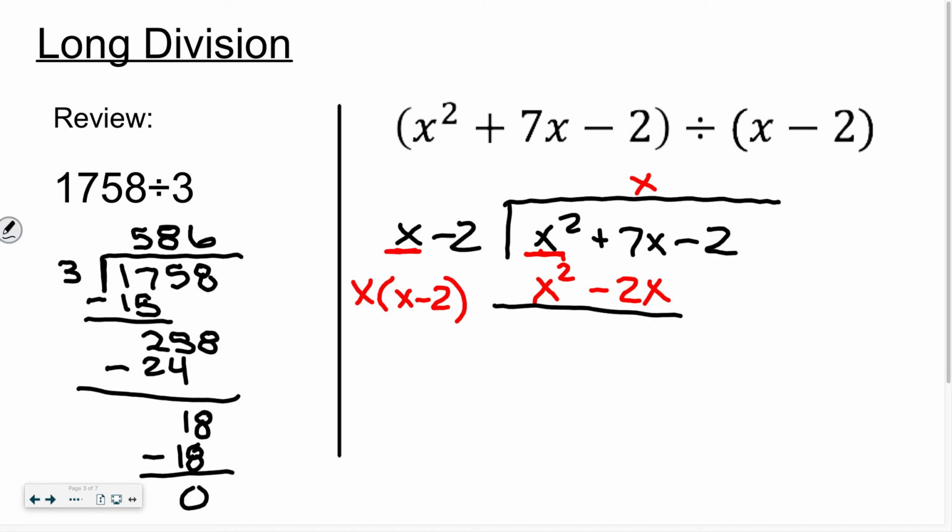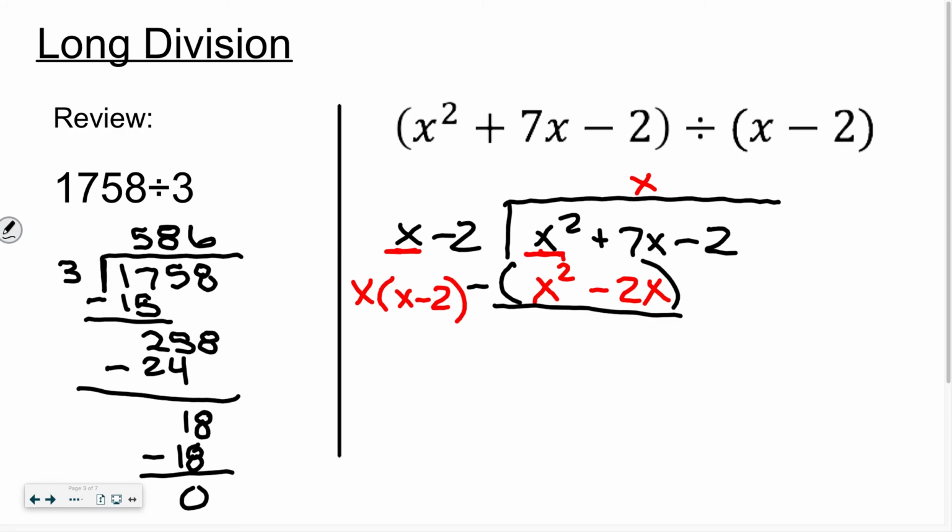So if there's 2 terms, you got to subtract all of it, both of them. Okay, so I'm going to put in negative, but I'm going to put it in parentheses. Okay, this is where most of my students are going to make their mistake. That's why I'm being really careful about this.